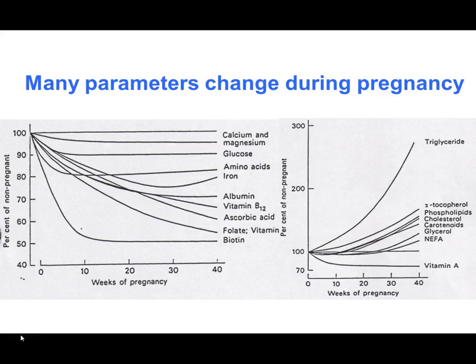Please note in the right panel that triglycerides go up during pregnancy and should not be used as a kind of measure of risk for cardiovascular disease. It is very well known and very functional that triglycerides are increased during pregnancy.